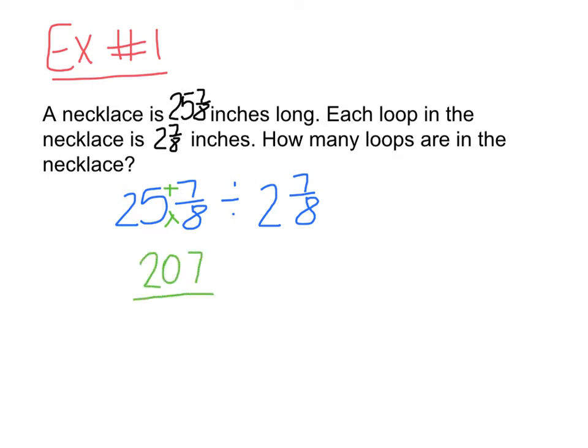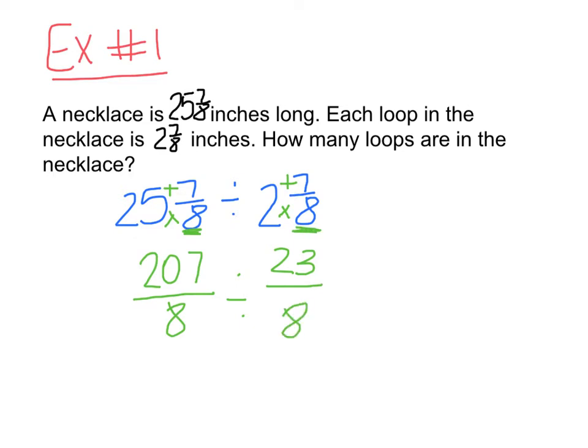And remember, we just keep the same denominator, so it stays 8. Divided by, we have to do the same thing to 2 7/8. We do 2 times 8 is 16, plus the 7, which makes it 23. And again, we keep the denominator, which is 8.